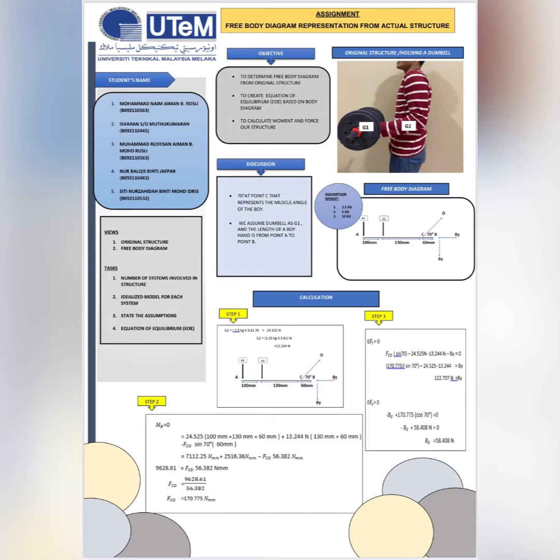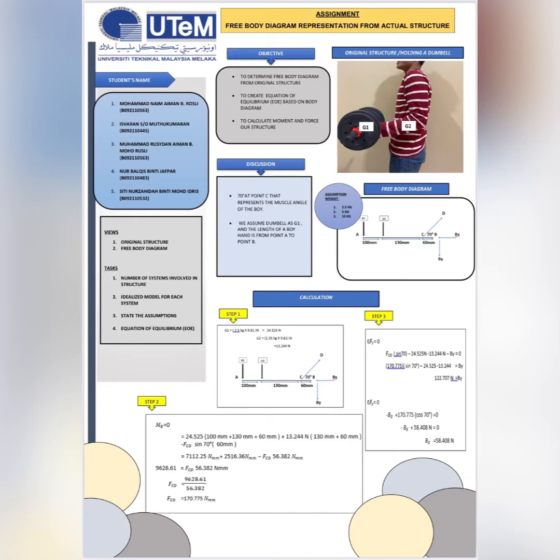After that, we need to add 7,112.2 Newton millimeter and 2,560.36 Newton millimeter. So we got 9,628.61 equals FCD 56.382 Newton millimeter.